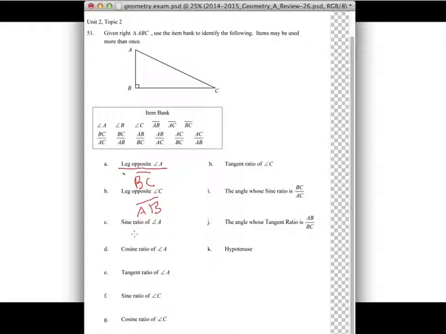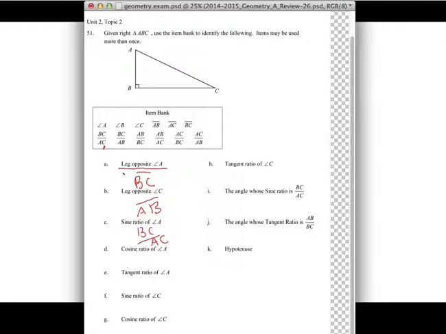So the sine, if you remember, is opposite over hypotenuse. So opposite is going to be BC over AC. That's right here. The cosine is adjacent over hypotenuse.